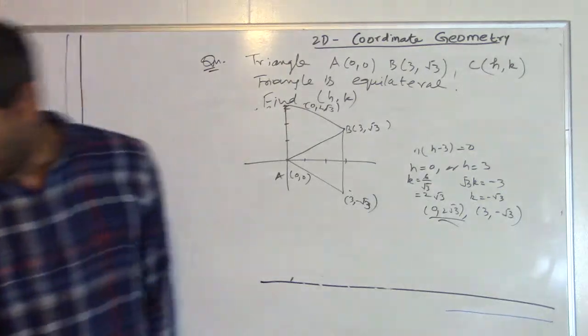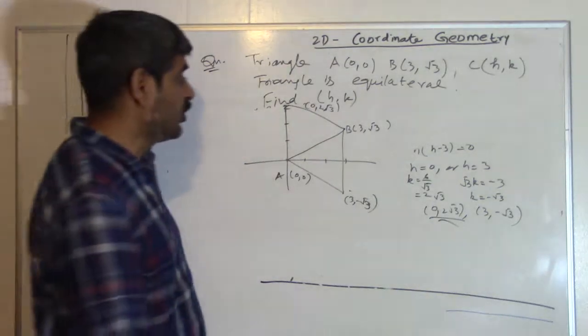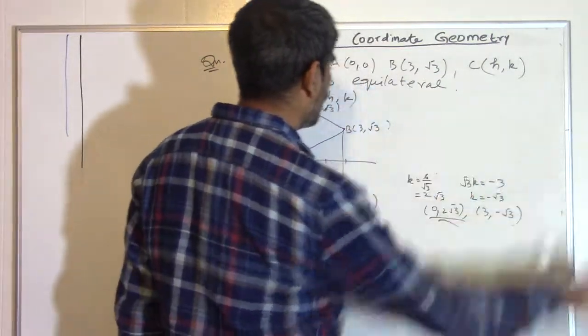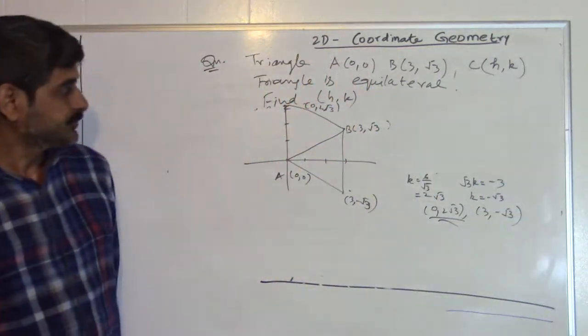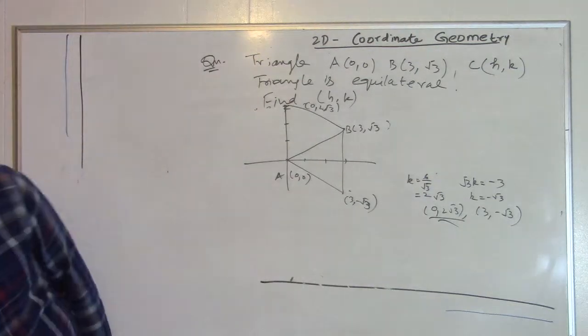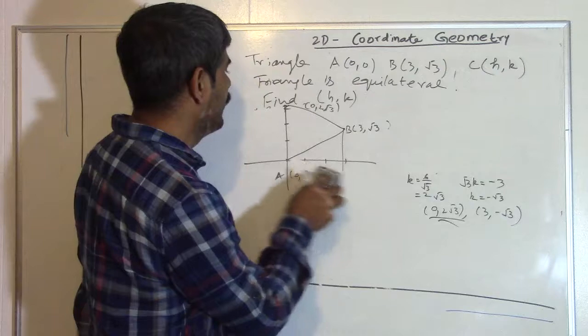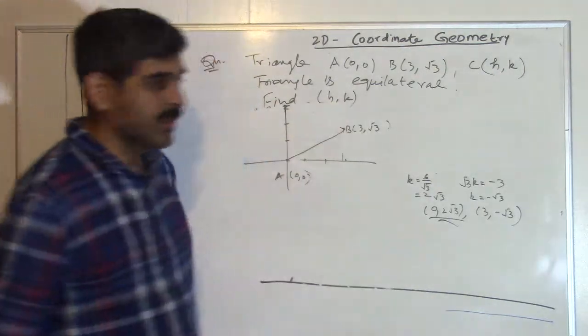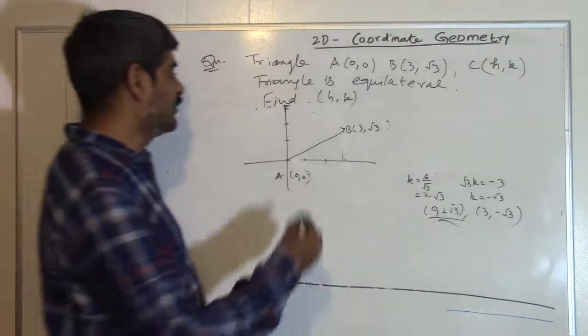We can also solve this problem more simply if we know the polar coordinates. Let us remove everything. All we know is this line. That is all we know. And in this line, what is the length of this line?